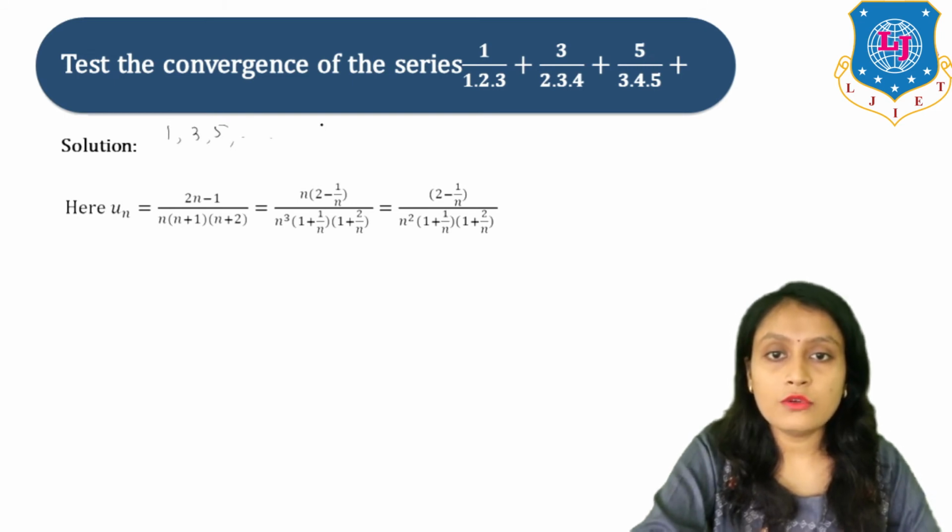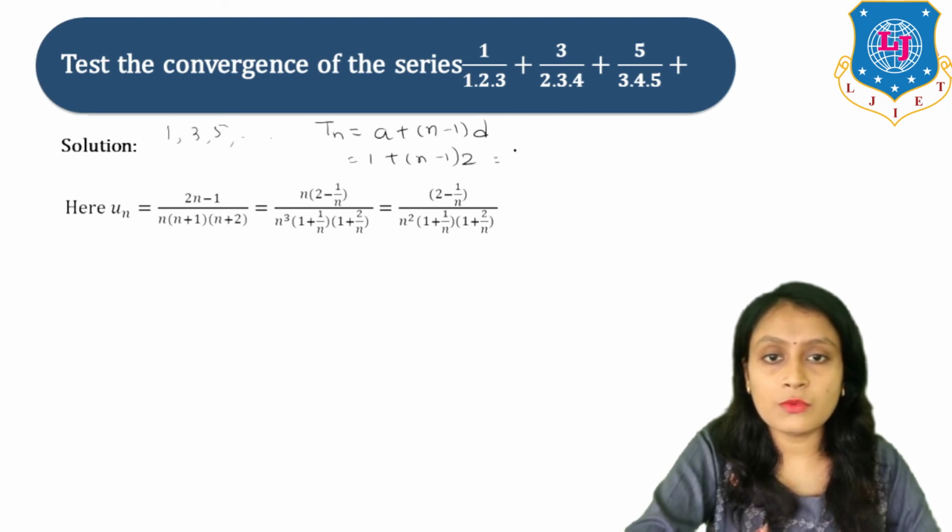And we know the formula to find the nth term, that is Tn is equal to a plus n minus 1 into d. Now a is 1, so 1 plus n minus 1, the difference is 2. So simplify this, so you will get 1 plus 2n minus 2, so you will get 2n minus 1. So you can write this numerator as the nth term, right?